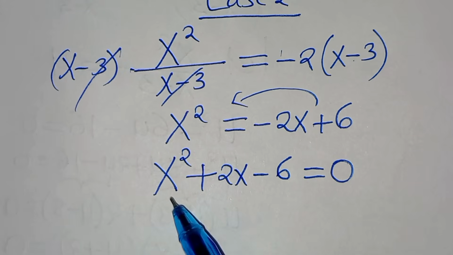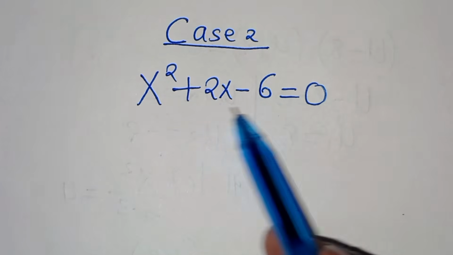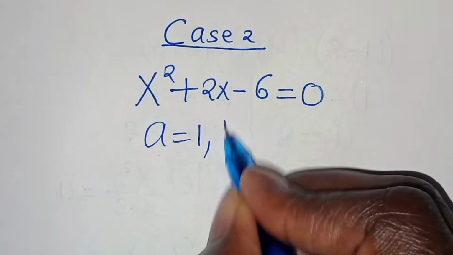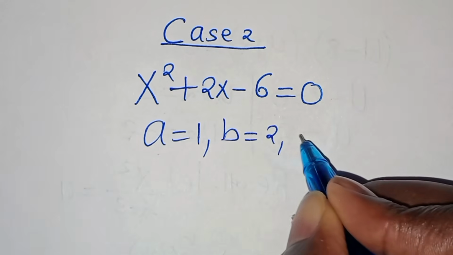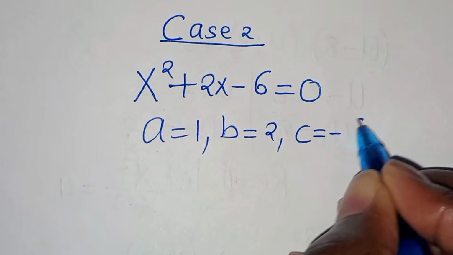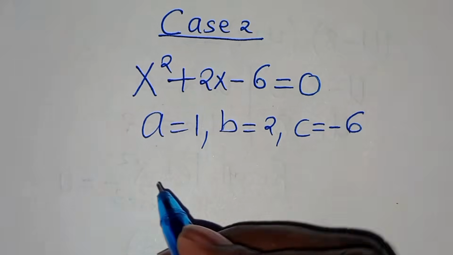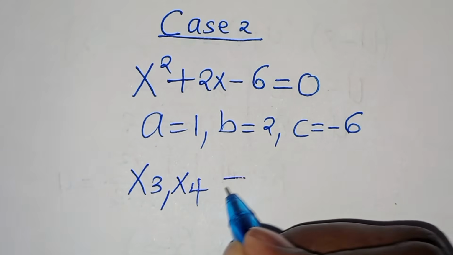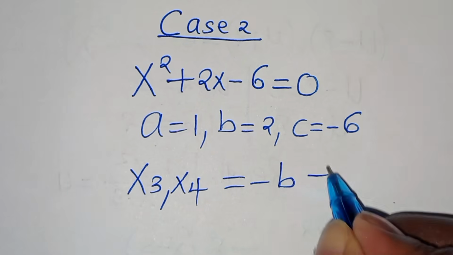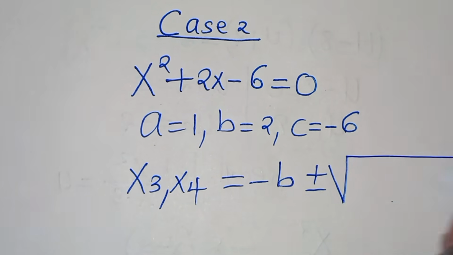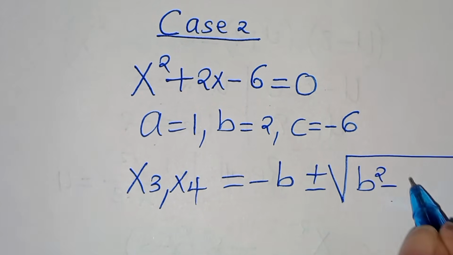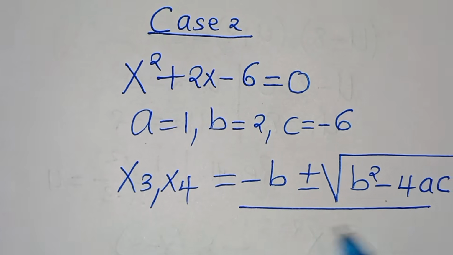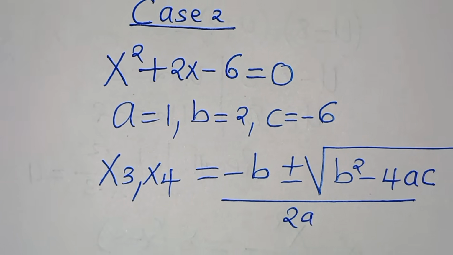Now, this is a quadratic equation. Where we have a is equal to 1, b is equal to 2, and c is equal to minus 6. Now we can solve for x3, x4 by applying the quadratic formula here, which is minus b plus or minus the square root of b squared, subtract 4 times a times c, divided by 2 times a.